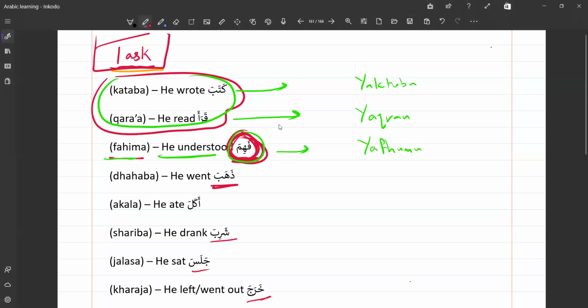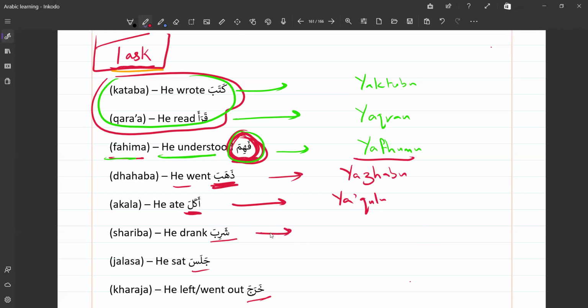Yafhamu means he understands, and now this verb, past tense word dhahaba, meant he went. Yadhhabu means he goes, and this word akala means he ate. So yakulu means he eats, the present tense version of akala.